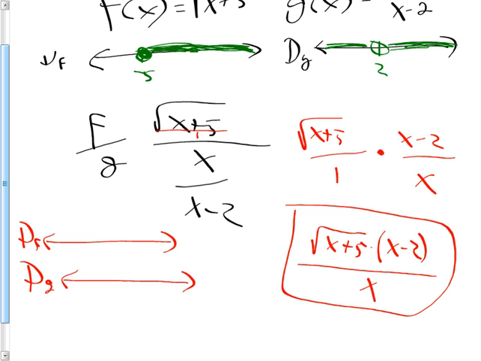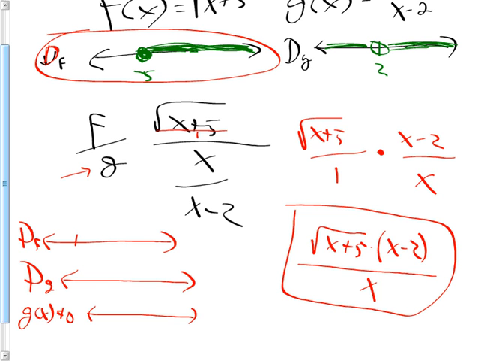It's whatever would make the bottom one, in this case g, whatever would make g of x equal to 0. So we've got to say g of x cannot equal 0 is our 3rd number line. All right, so this one I already knew. That's part of the beauty of doing it ahead of time: you already have d of f right there. And so I'm going to say from -5 to infinity.